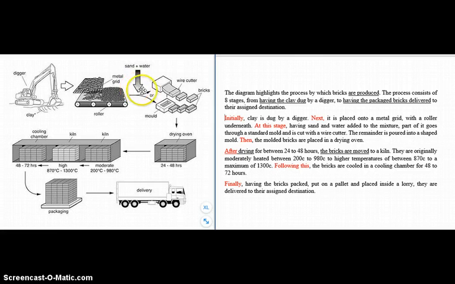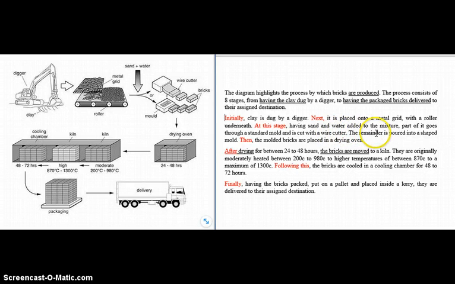So I'm explaining the first process after the sand and water has been added to the mixture. And before I carry on, again, I've used the passive voice here, but with the same structure that we used in the introduction. So have plus object plus past participle. Part of it goes through a standard mold and is cut with a wire cutter.